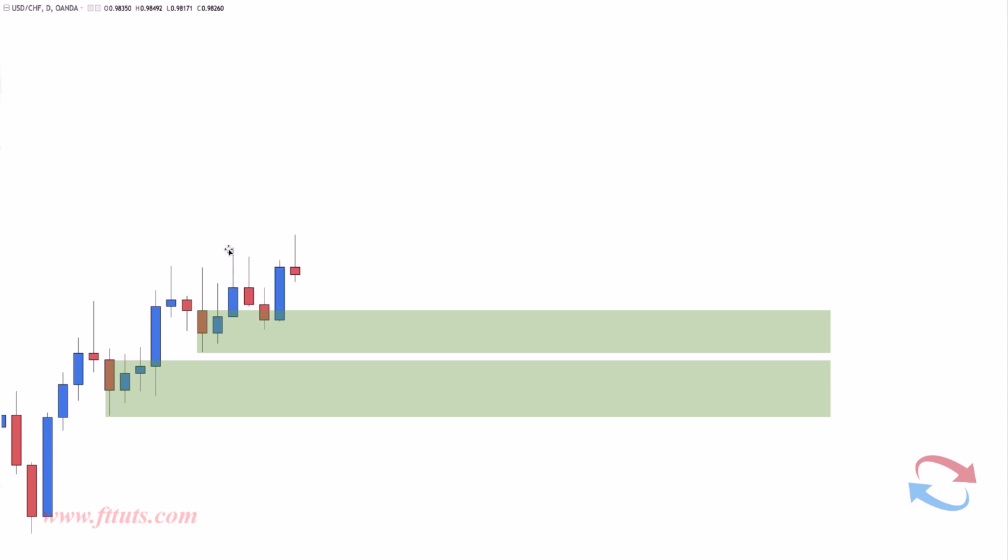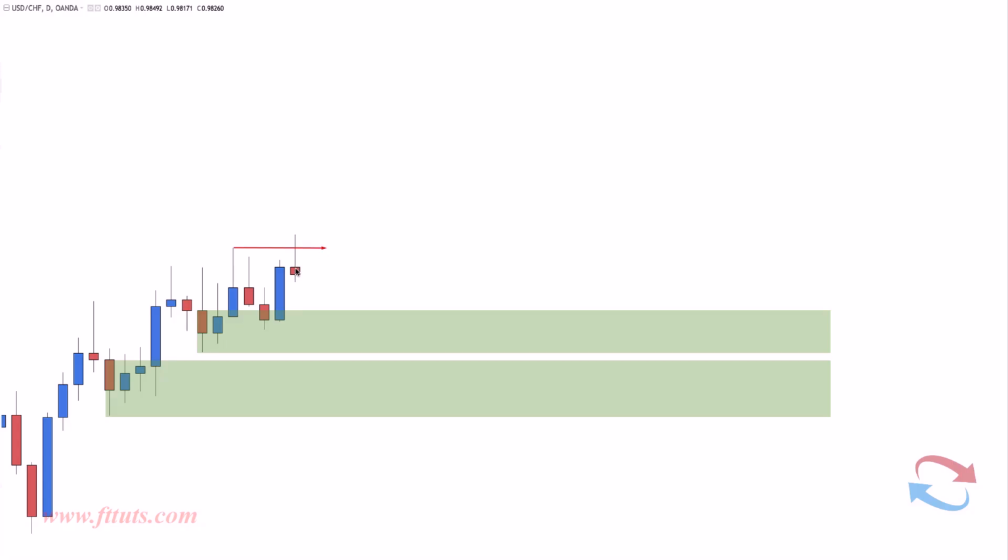Now we get a situation I previously spoke about when it comes to drawing demand zones, where a new high is made, but it's not a bullish candle, it actually closed bearish.